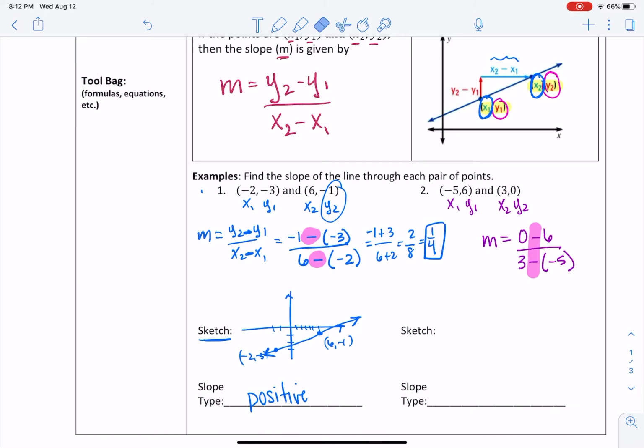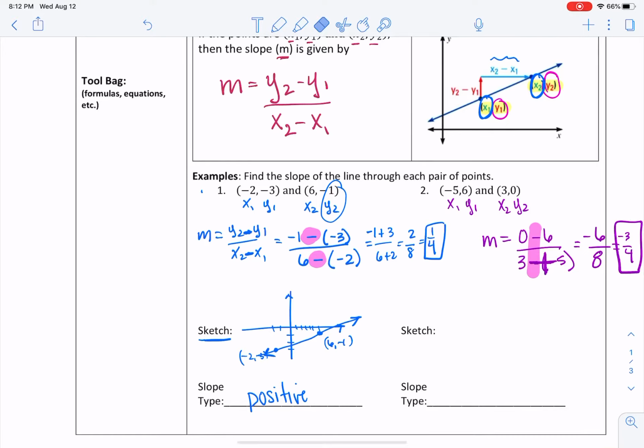I can change that now. This one becomes a positive. 2 negatives become a positive. So this is -6 over 8, which simplifies, I can divide both of those by 2, and I get -3 over 4. So that's my final slope.